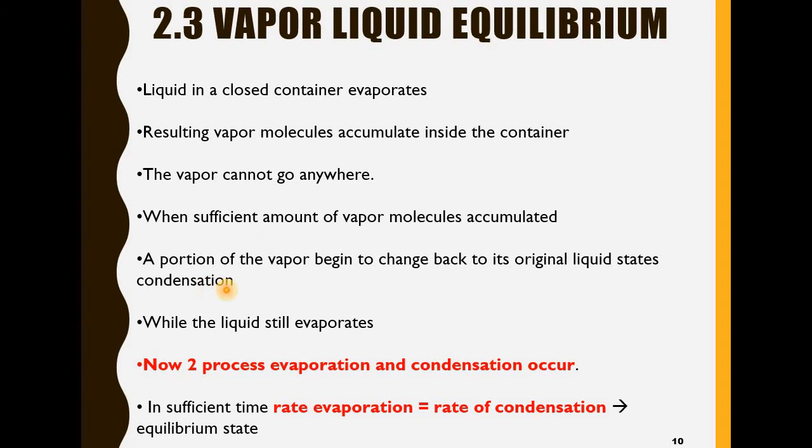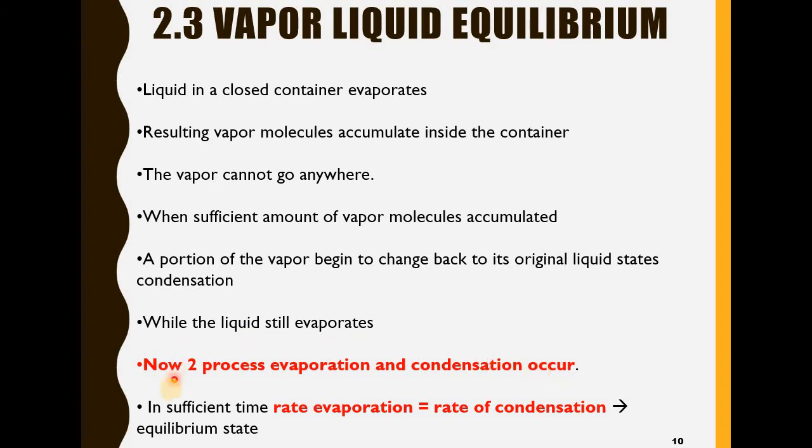Meanwhile the liquid still evaporates, so the process is continuous. When a sufficient amount of vapor accumulates, a portion of the vapor turns back into liquid. So there are two processes, which we call evaporation and condensation.